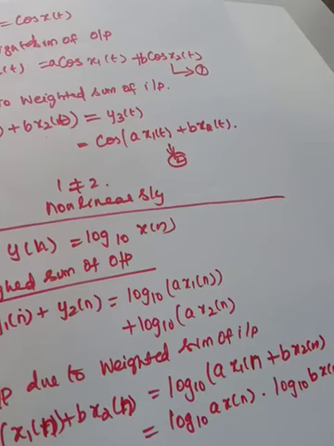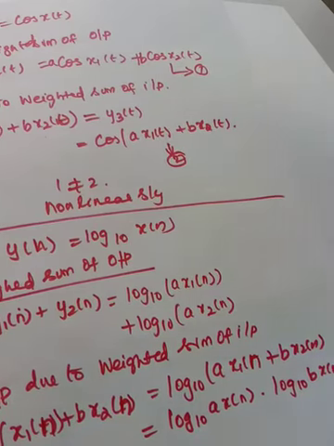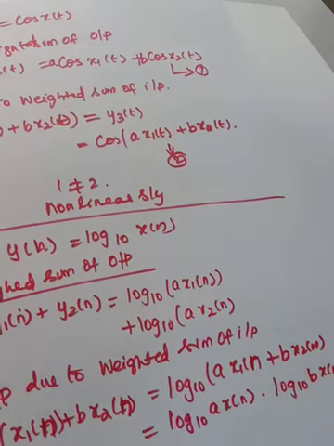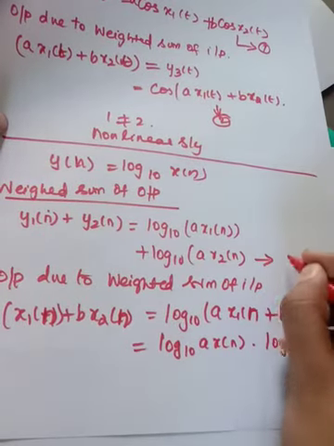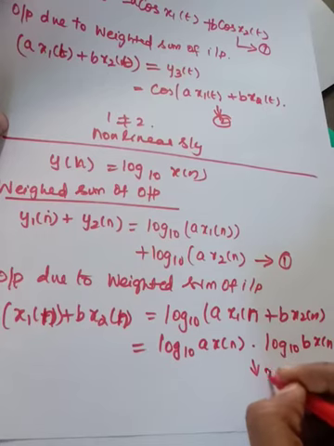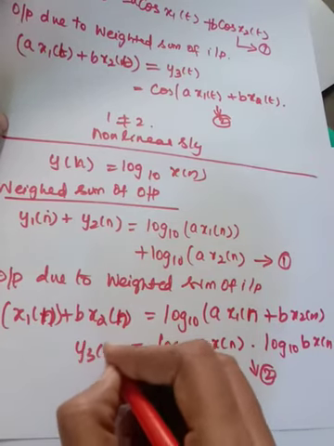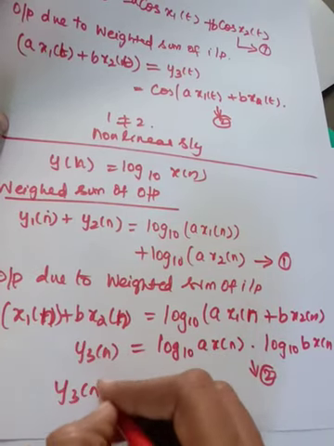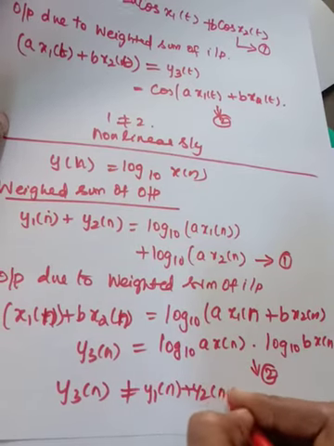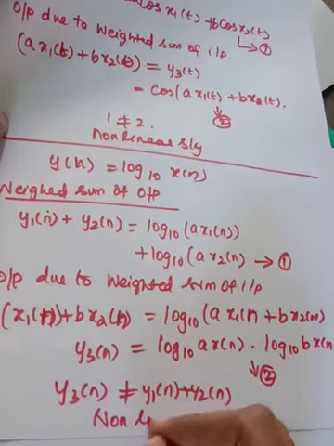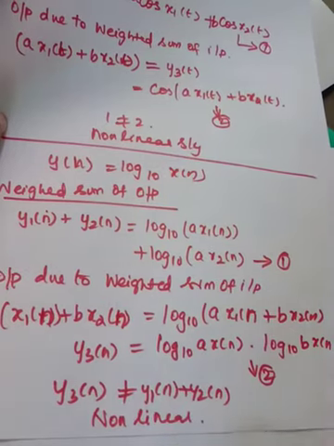So how can we write it? We are not able to add it. So this is output 1, this is output 2, that is, y3 of n is not equal to y1 of n plus y2 of n. So this system is said to be a non-linear system.